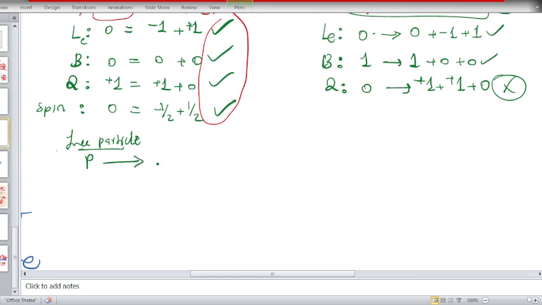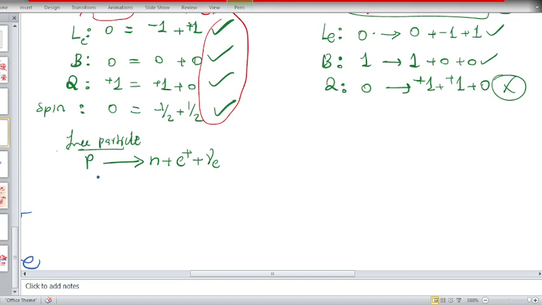So proton becoming neutron plus a positron plus a neutrino. Inside the nucleus this particular interaction is possible. But when you consider it as a free particle, this interaction will not be possible. Why is it not possible?